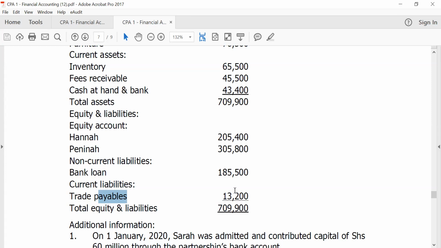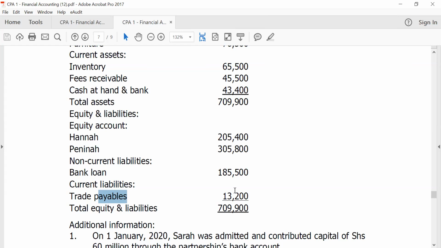Now, when we have a case where goodwill remains in the books, when it comes to the capital account, especially for the respective partners, we understand that goodwill in this case will appear in our books of accounts as an intangible asset.